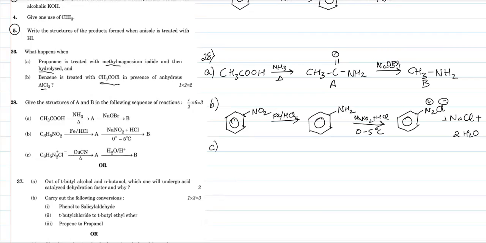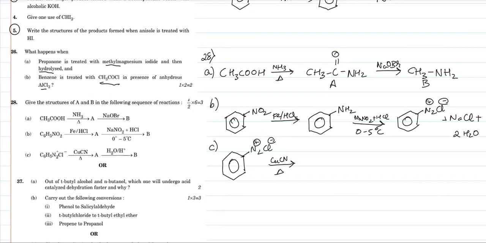The last question is obviously N2+ Cl-, benzene diazonium salt. So I'm just going to draw that. And I think, if I'm not wrong, that's a named reaction. If you can figure it out, do think about it. Pause the video, try answering this on your own. So this is undergoing a chemical reaction with CuCN and it's being heated.